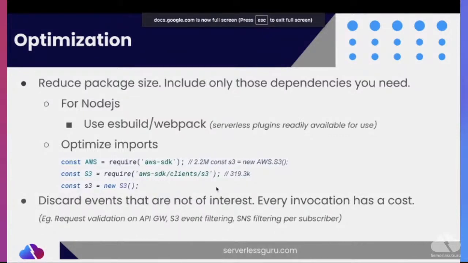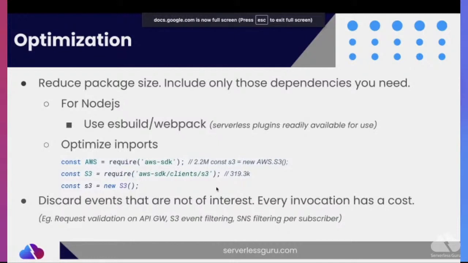Another example that I can think of is when you use S3 as an event source for your Lambda functions, you could filter out events. Imagine a bucket containing a mix of different file types. You have images, videos, and other documents, but you're only interested in processing images.